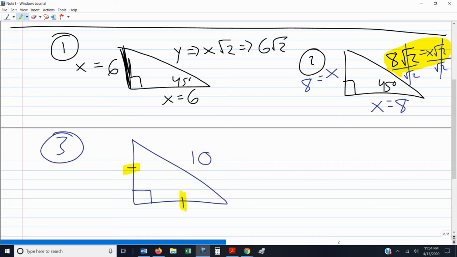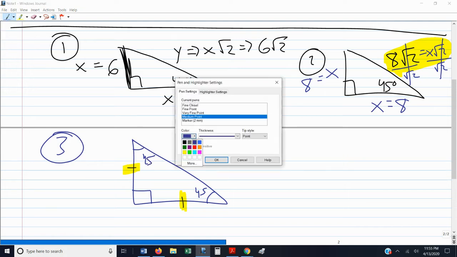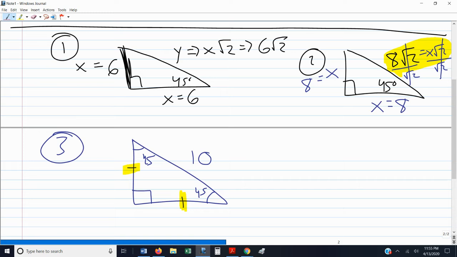And if those sides are the same, then that means these angles are the same. And so it would have to be a 45, 45, 90. And I'm going to again change that color here. So this side is x, the legs are x, and this side is x root 2. So this one just is not as obvious.